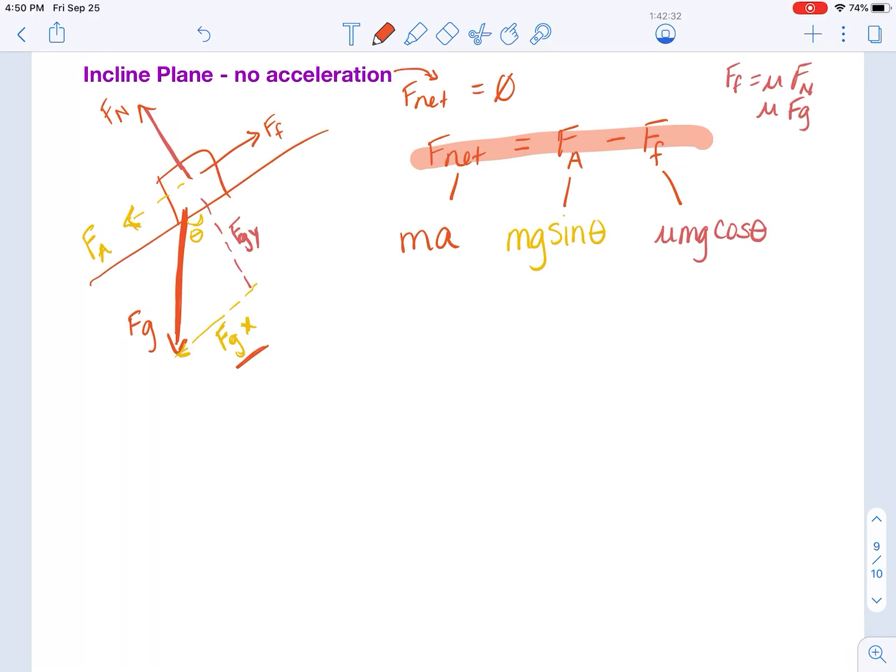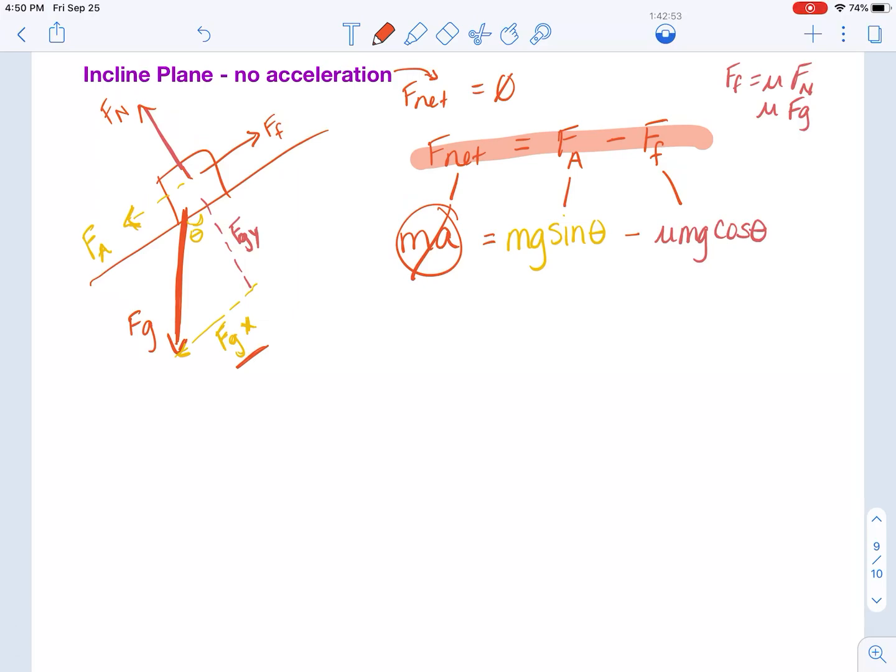Now, if it says that we have a net force of 0, this goes away. So we would have our equation looking like this. Well, we can't actually conclude our algebra with something equal to 0.